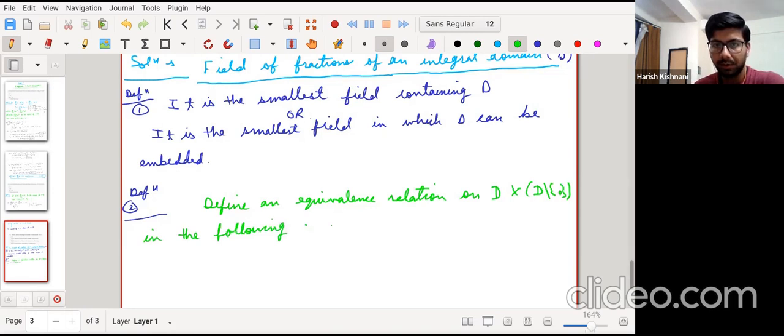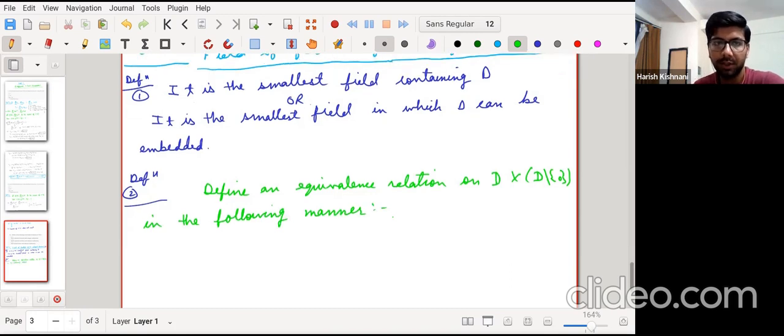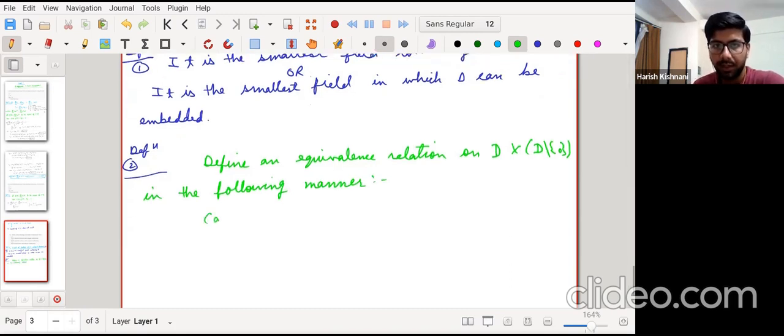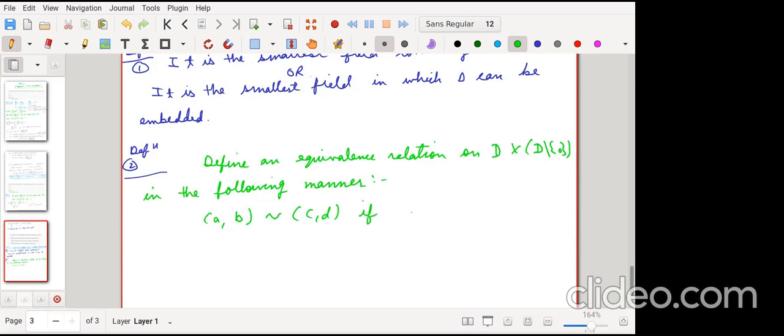Let's see how we are defining the equivalence relation. A tuple (a, b) is related to a tuple (c, d) if ad equals bc. Yes, ad equal to bc.